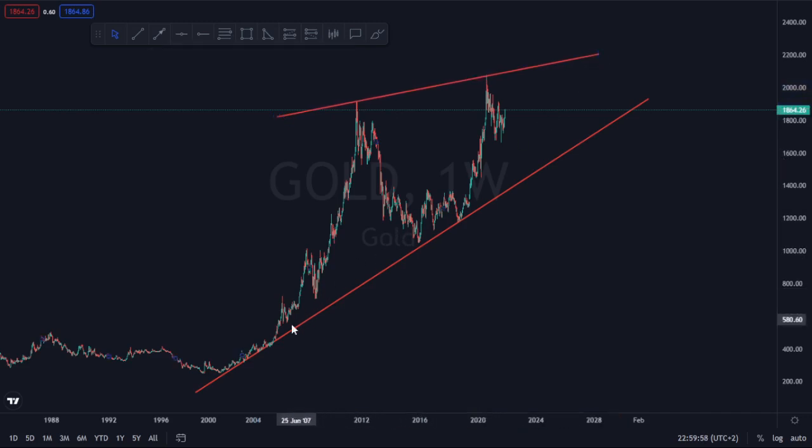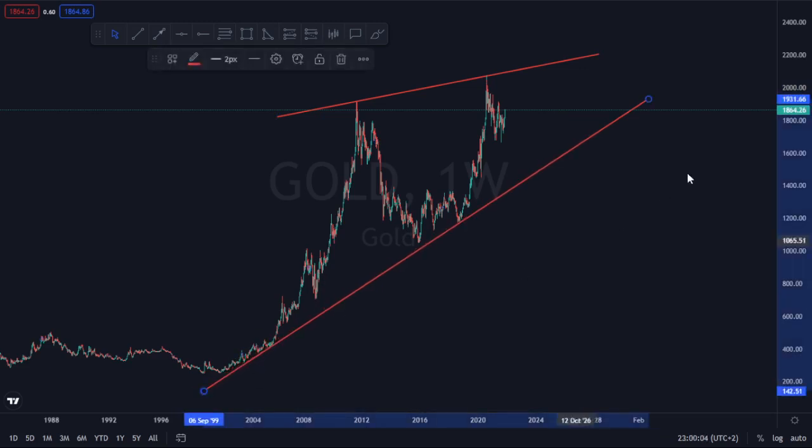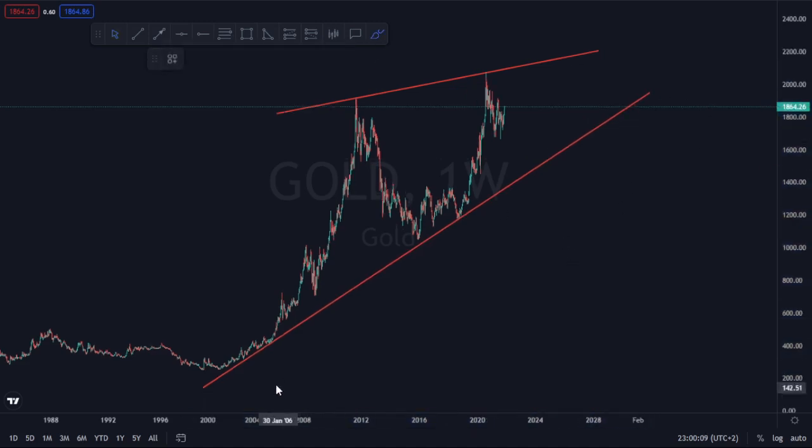It's been respecting this trend line. Respected here and here again. Okay, so if it does give us a sell, probably anticipate that we respect here as well, but we'll see.